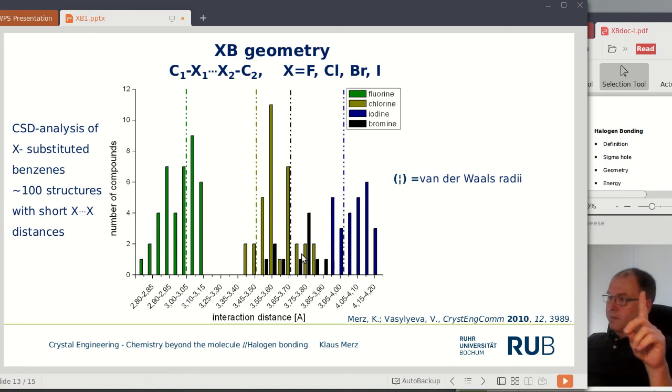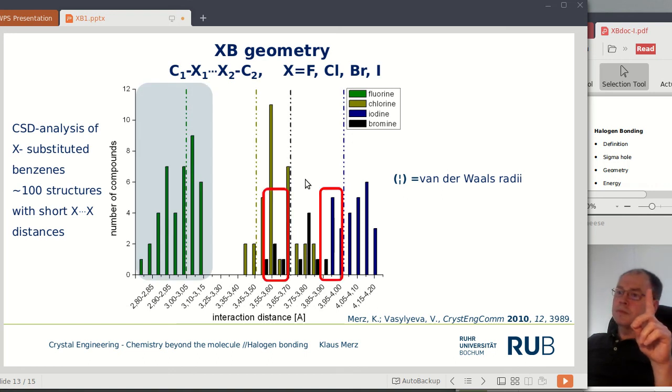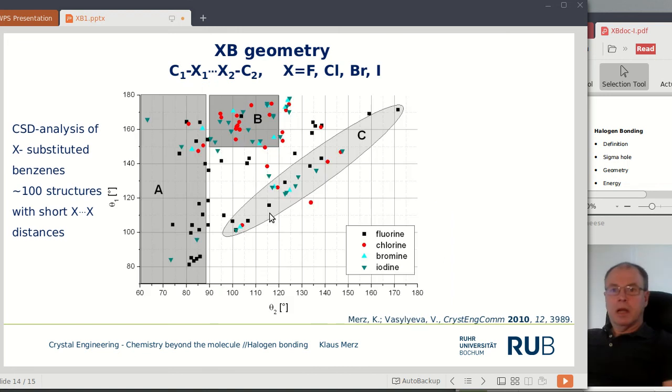The second thing we talk about is the angle. Now in this figure we try to analyze the angle. You remember, the angle is the key function to distinguish between type 1 and type 2 halogen bonding.